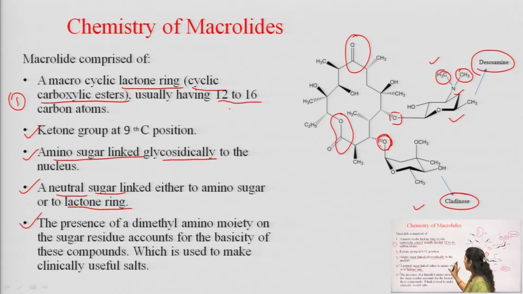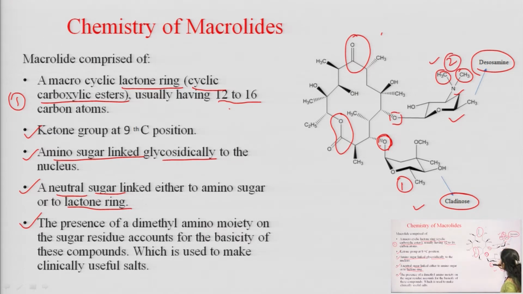So, once more I would like to conclude this. The chemistry of macrolide, we see the macrocyclic ring. This is the macrocyclic ring in which 2 sugar moieties are present. One is neutral, second is amino sugar.